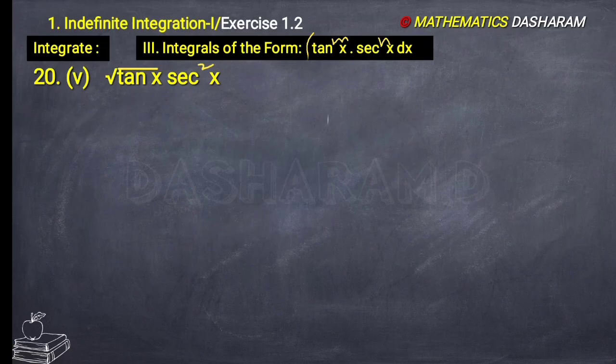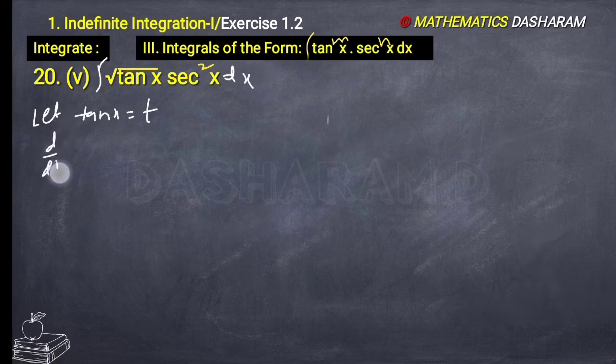Fifth question, square root of tan x into secant square x. Apply the integration with respect to x. So here select tan x equals t and take the derivative on both sides with respect to x. It is equal to dt by dx.